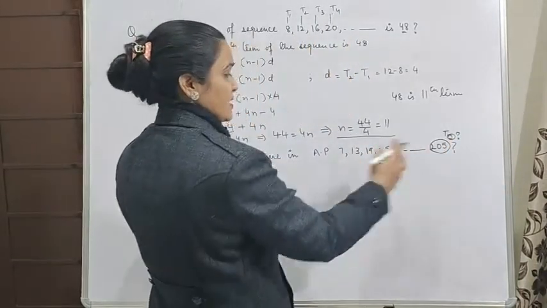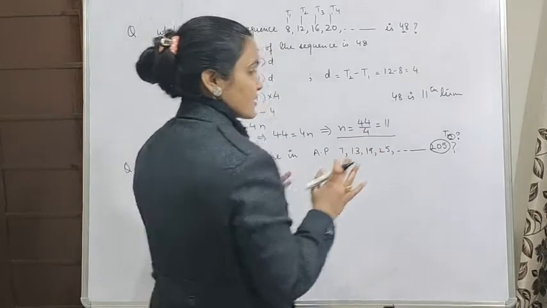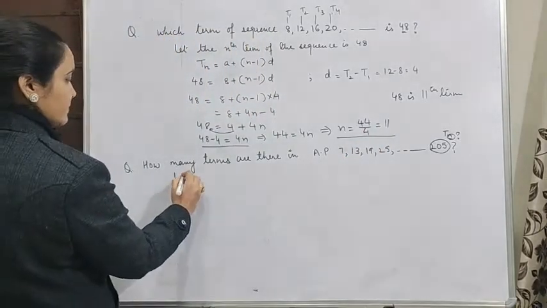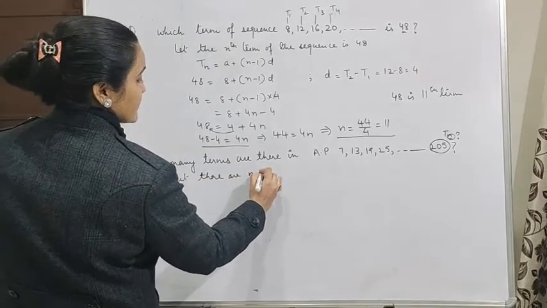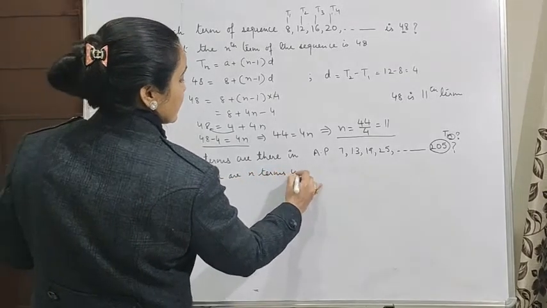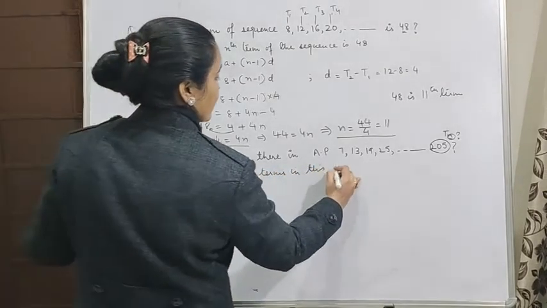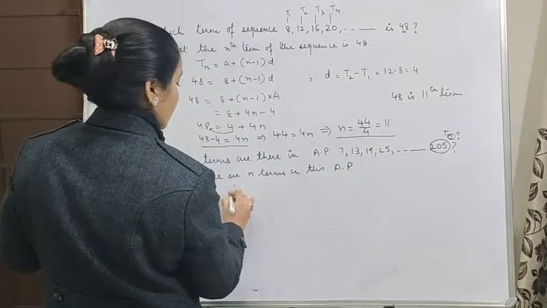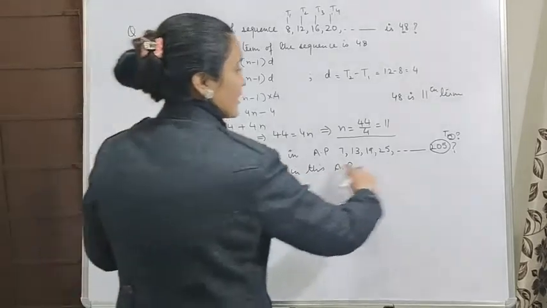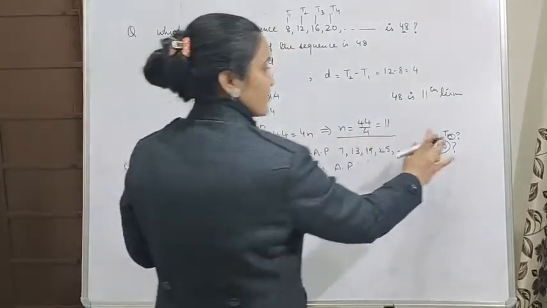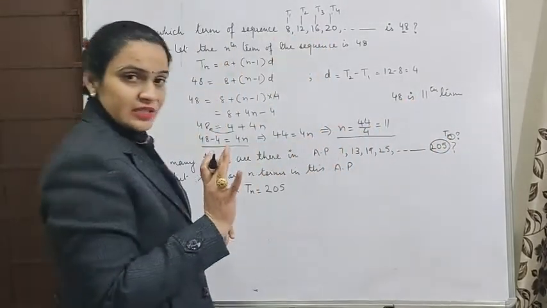How many terms are there in it? 1, 2, 3, 4, how many terms? So let there be n terms in this AP. Therefore the nth term is 205. We assumed there are n terms and the last term, the nth term, is 205.